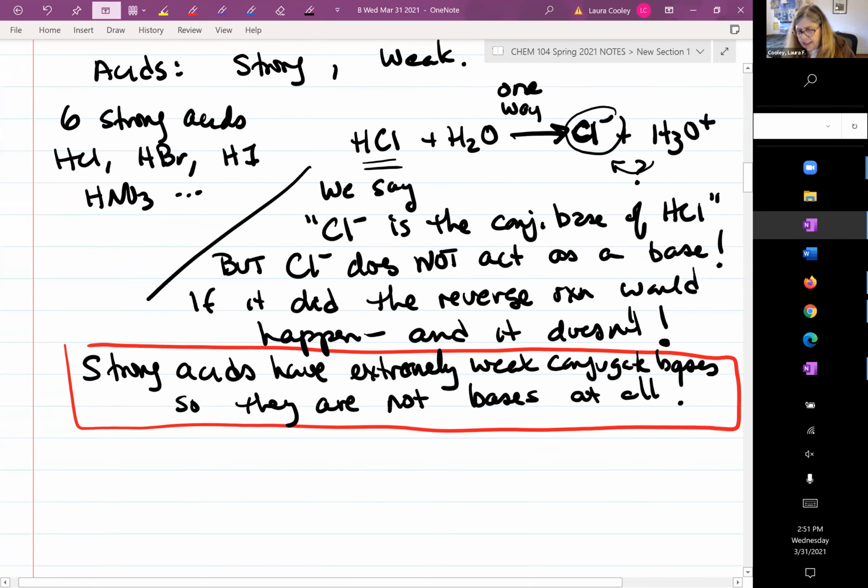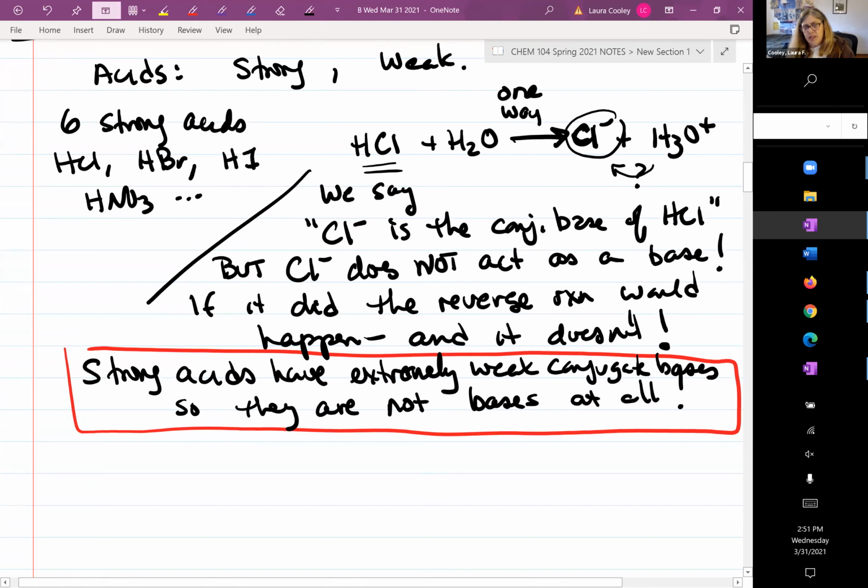So a strong acid like HCl, its conjugate base is basically neutral. So Cl minus is neutral. It does not act as a base.